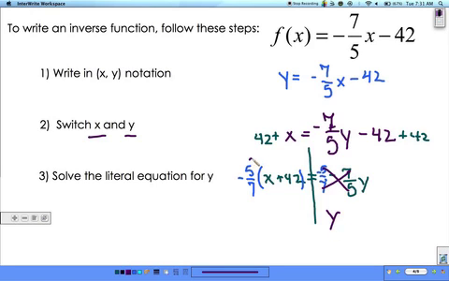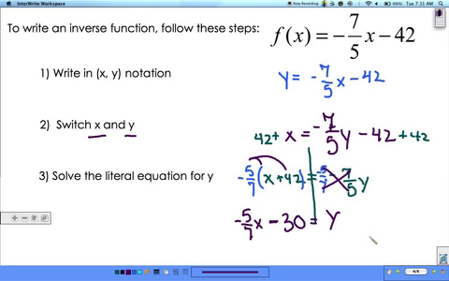Then if I distribute it on this side, negative 5/7x is just that. And then negative 5/7 times 42, I know that's going to give me a negative number. 42 divided by 7, easiest way to go about doing this, it's going to be 6 times 5 is 30, and that's equal to y.